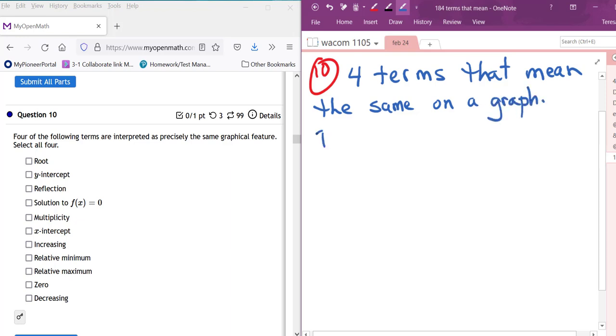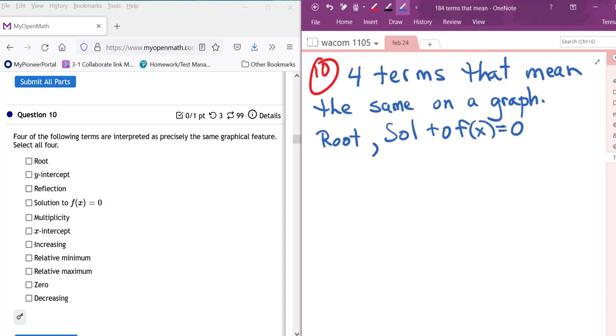So they're talking about root, solution to f of x equals 0, x-intercept, and a zero.